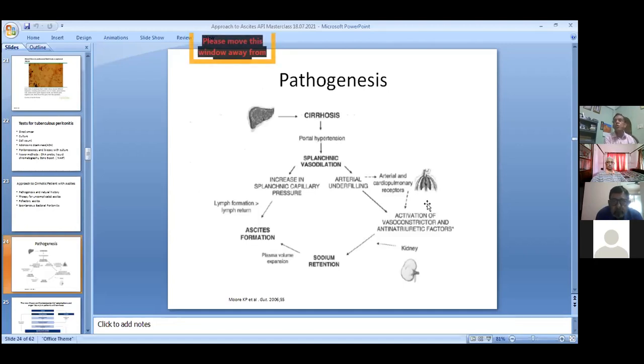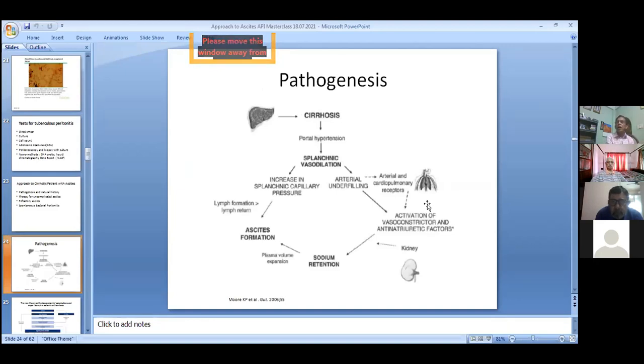The pathogenesis of ascites in cirrhosis has had a lot of theories earlier, but the latest concept is the most important. Because of the portal hypertension, there is splanchnic vasodilatation, and when there is splanchnic vasodilatation, there will be an arterial underfilling.